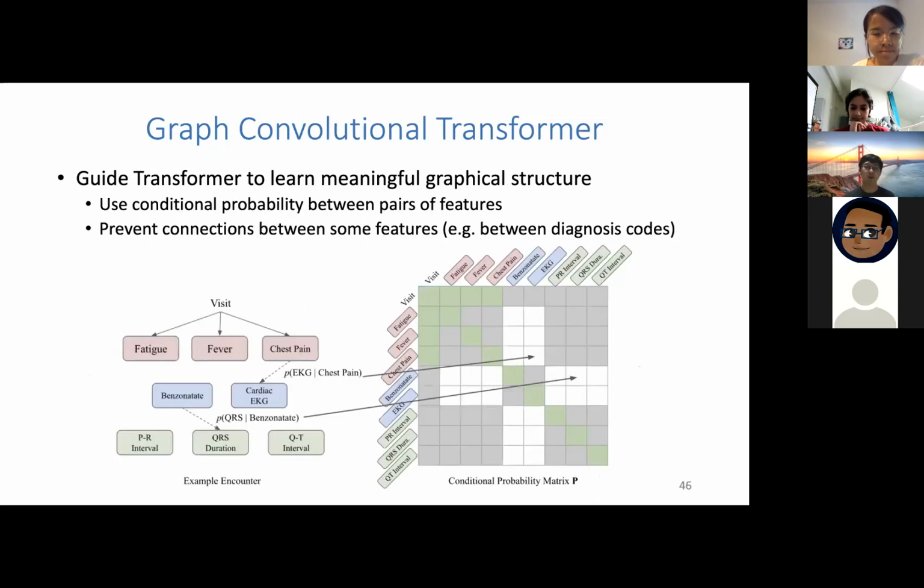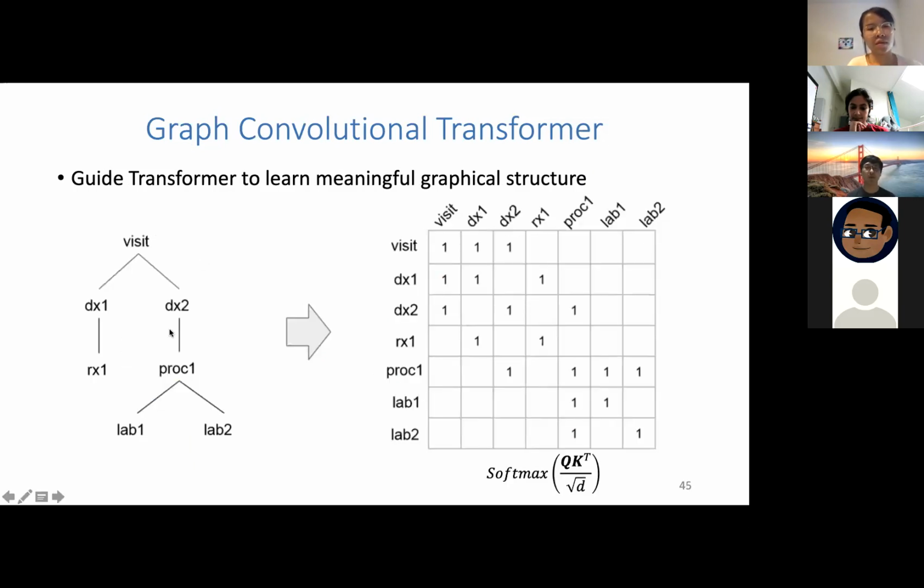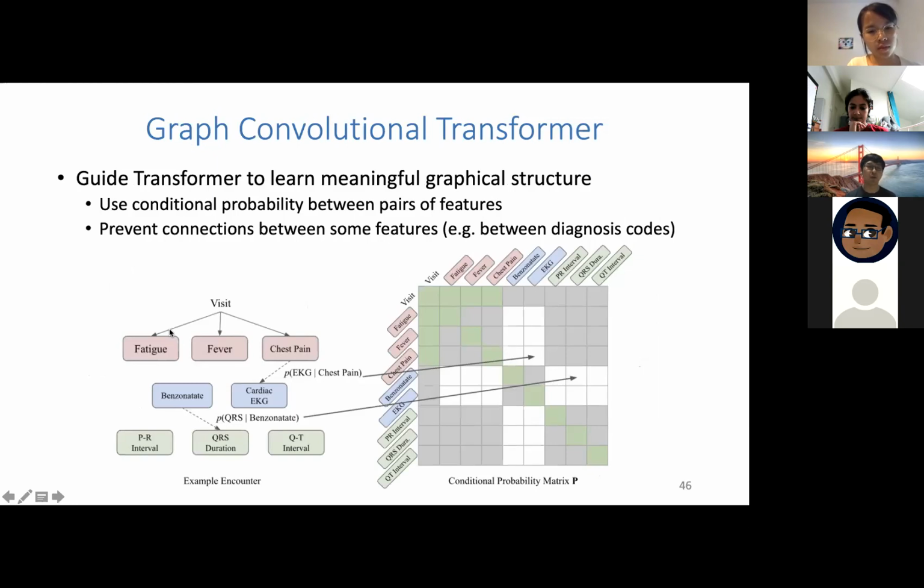So how do I guide the transformer to learn the ground truth graphical structure? You need to start somewhere. So I thought maybe we can use the simple statistics that occur in the EHR dataset. What I focused on is the conditional probability. Here, this is a single visit, and we don't know the true structure between the different layers: the diagnosis layer, treatments layer, and the lab result layer.